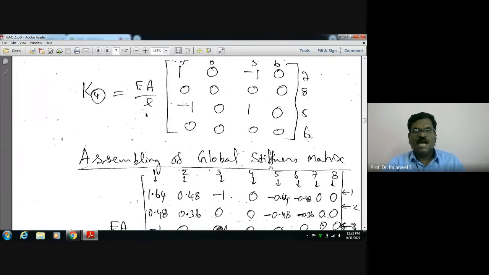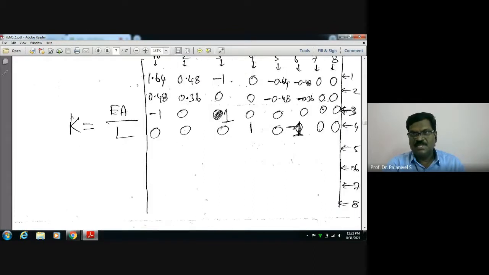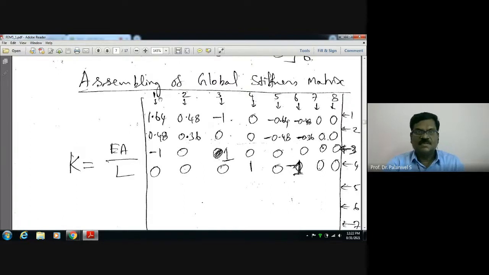Now, assembling of the global stiffness matrix, give the heading. Now write down the degrees of freedom here: 1 2 3 4 5 6 7 8. Put arrows. In the vertical direction also write the degrees of freedom 1 2 3 4 5 6 7 8, and put arrows. Now add the similar coefficients. Where is 1 1? Go through all the 4 matrices.